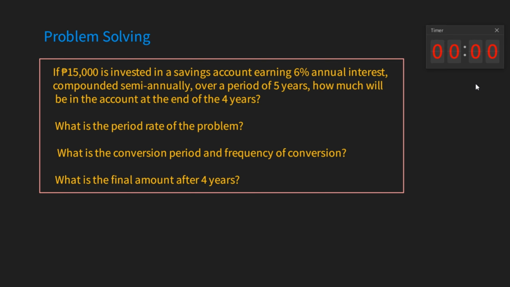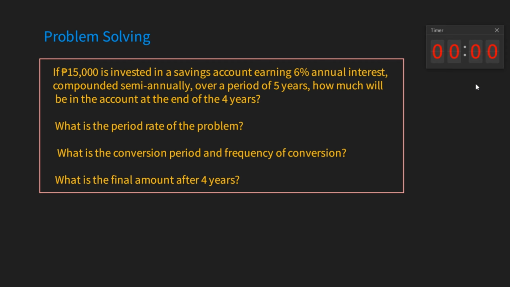Okay, time's up. So let's read the problem first. If 15,000 pesos is invested into a savings account earning 6% annual interest compounded semi-annually over a period of 5 years, how much will be in the account at the end of 4 years?